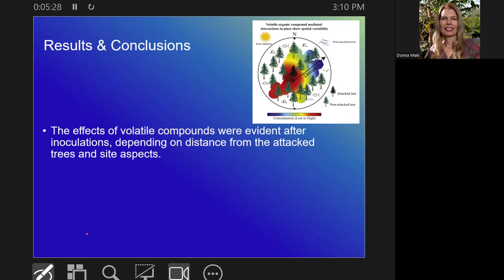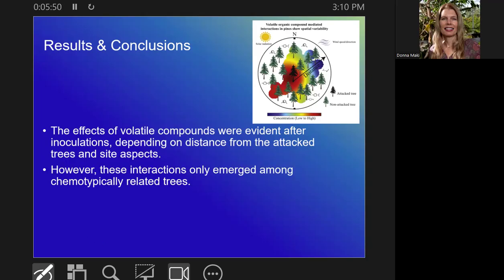So it kind of makes sense that what their data was showing, the volatile compounds were evident after they put the blue stain fungus in there. It depended on how far away they were getting from the actual tree they infected and the site aspects. I mean, that kind of makes sense, depends on the wind direction, how far it travels.